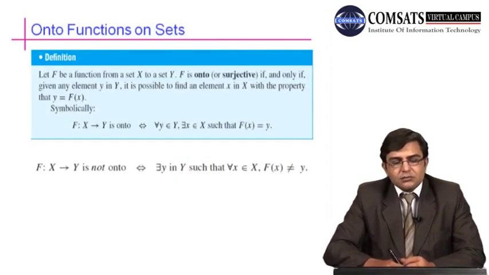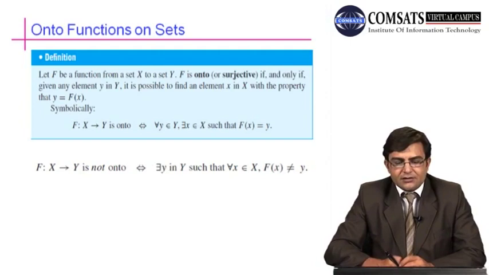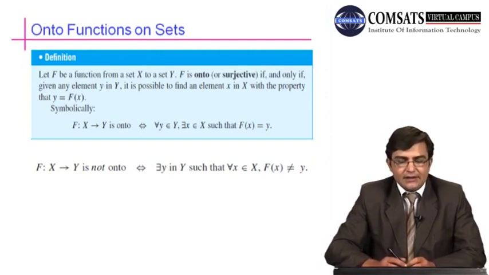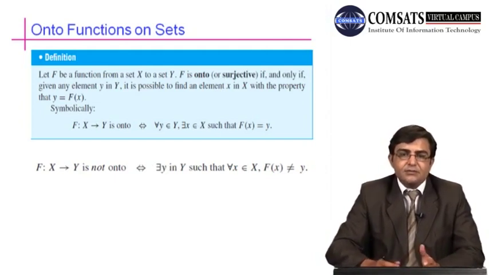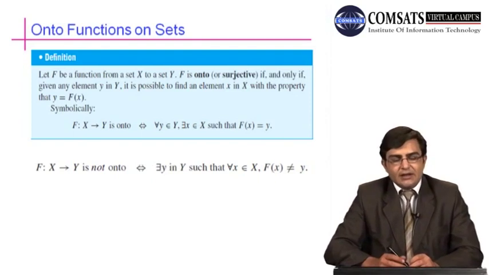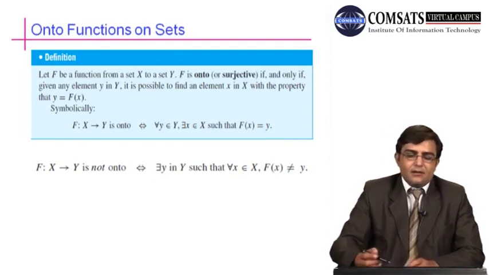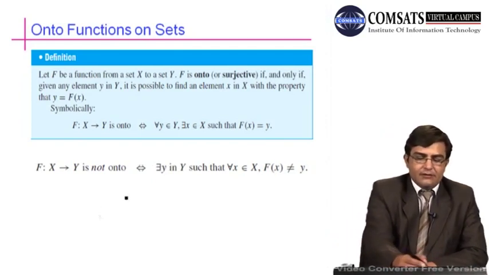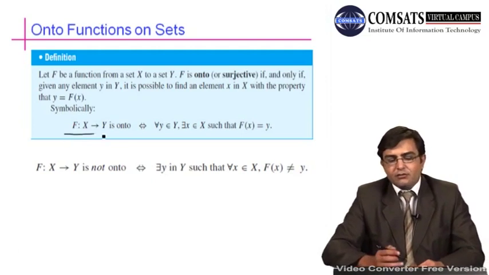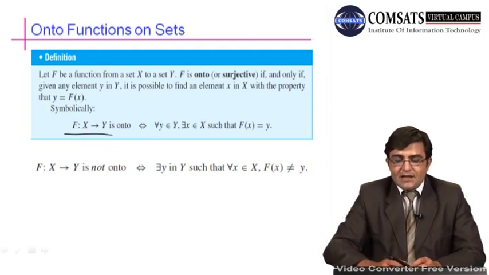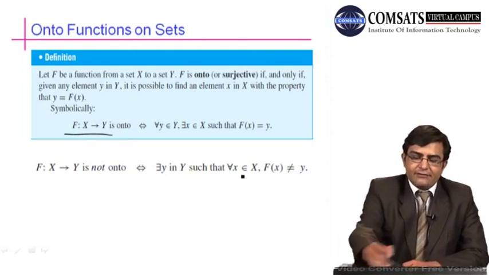Now we move to the onto functions. First we shall discuss it on the finite sets, and then we shall discuss these types of functions on infinite sets. Let f be a function from a set X to a set Y. Similarly, as we have defined, f is a function from X to Y. f is called an onto function, or f is called a surjective function.